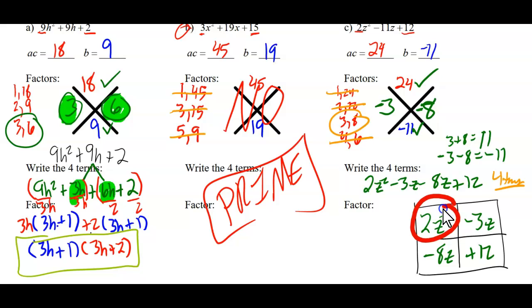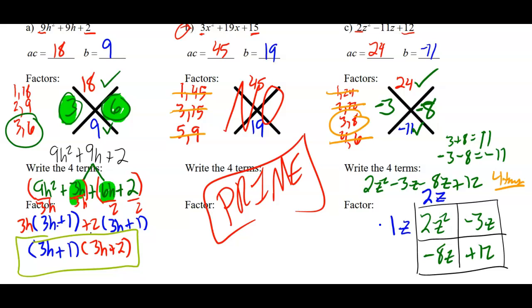Well, 2 is 1 and 2. Z squared is z and z. So I know it has to be z and z. I'm thinking about it. If I write 2 times a regular number being 3, because 3 is over here, 2 times 1 is 2, 2 times 2 is 4, so it's not going to work. So probably the 2 on the top and the 1 in the front. So let's try that. So 2 on the top, 1 in the front.